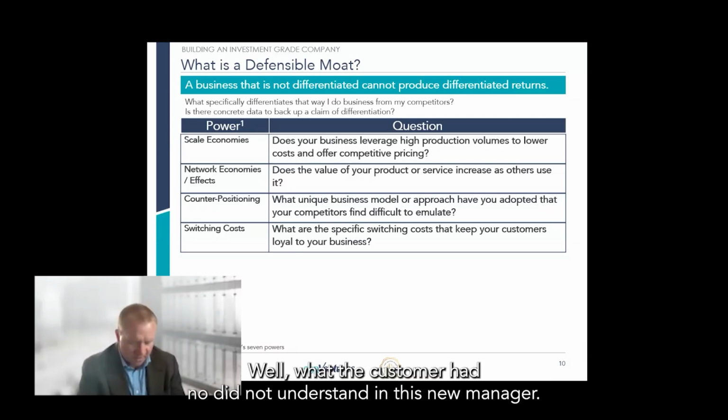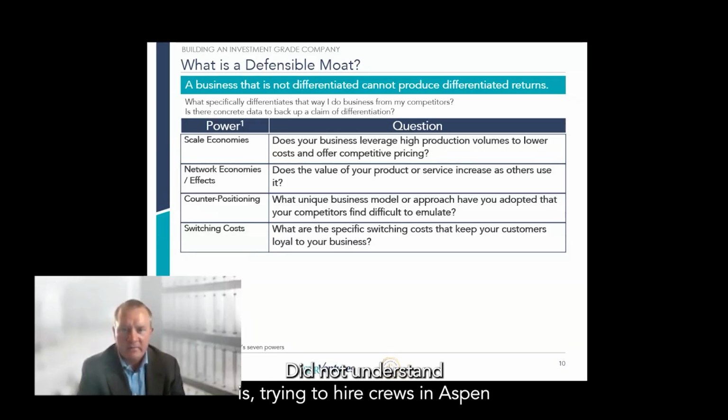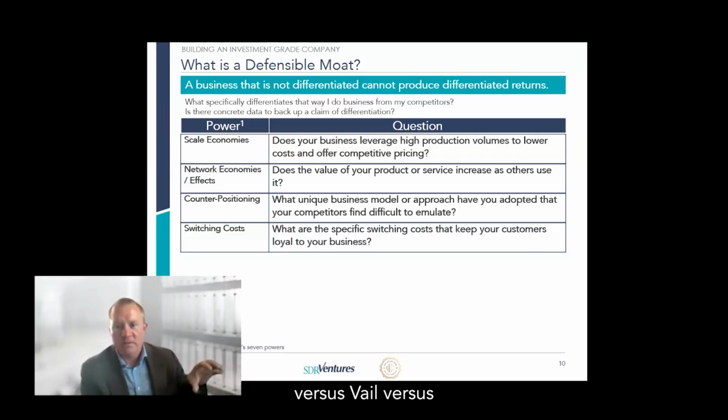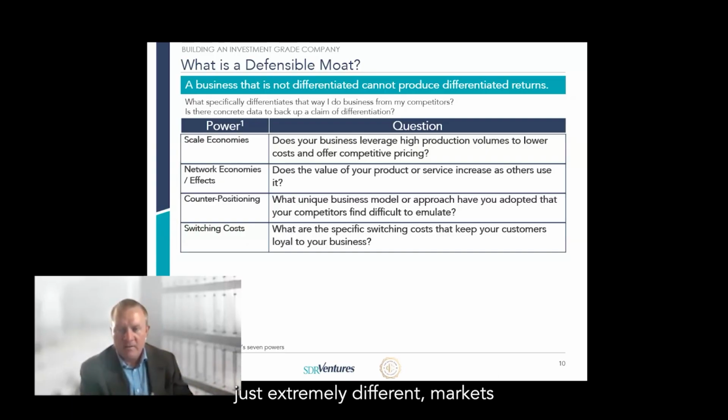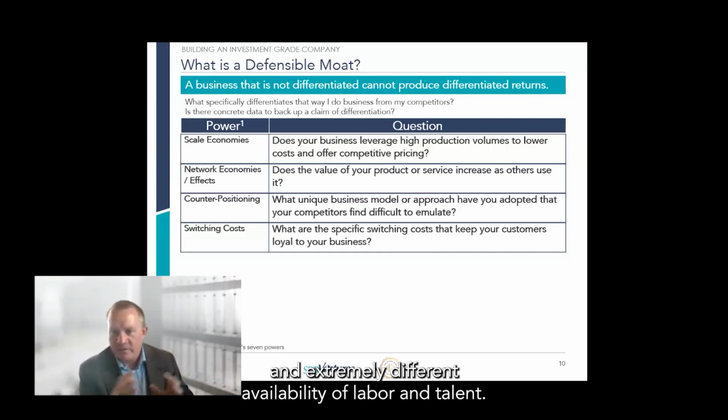Well, what the customer did not understand, and this new manager did not understand, is that trying to hire crews in Aspen versus Vail versus Denver versus Colorado Springs versus Boulder, just extremely different markets and extremely different availability of labor and talent.